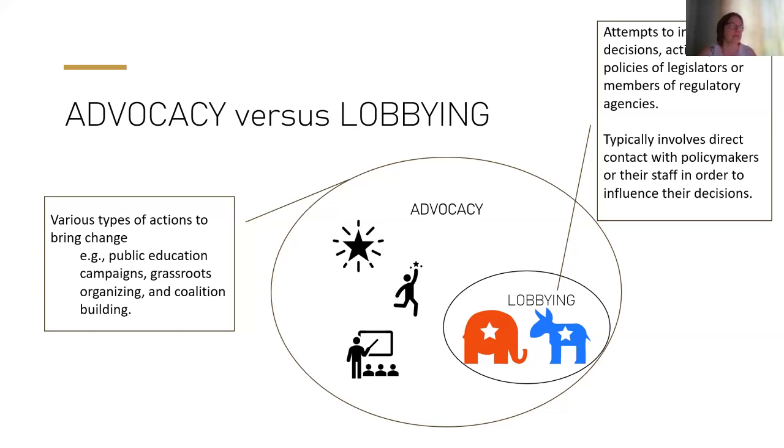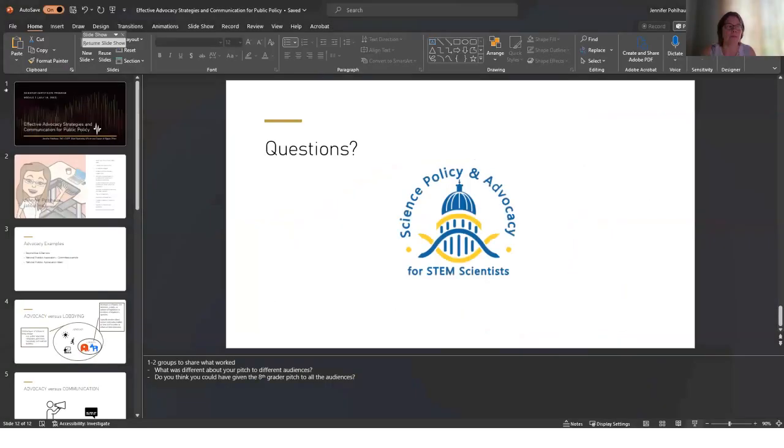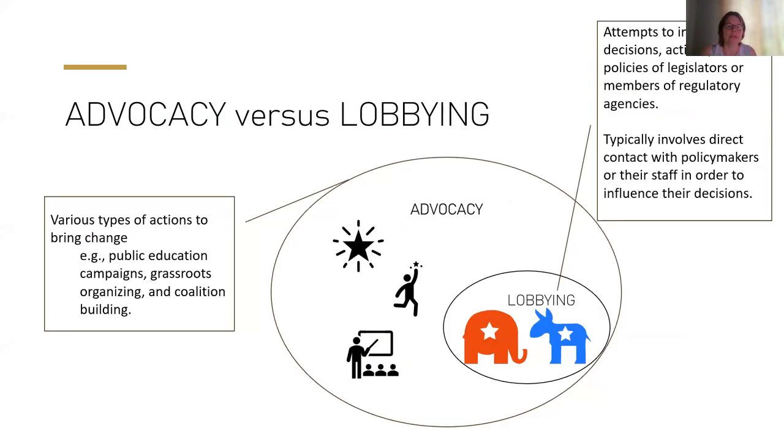So a lot of the things that people think of when they hear the word advocacy is something that is probably more like lobbying. So I just want to go over this distinction briefly. Technically, advocacy is a broader circle, and lobbying is something that's within that broader circle of advocacy. And advocacy can be anything that is meant to bring about a change.